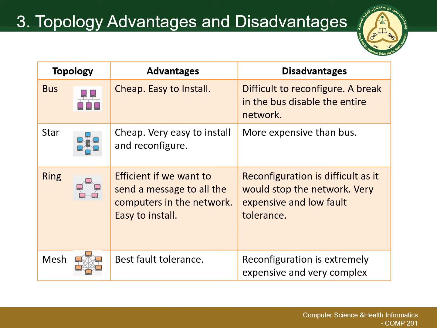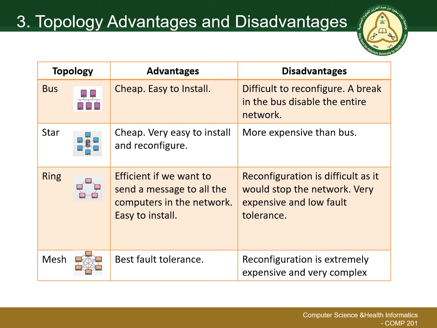The star topology is also cheap, still not expensive, very easy to install and reconfigure. We know that with the bus topology, we need to reconfigure it if we add a new device. With ring topology, it is efficient if you want to send a message to all other computers in the network, and easy to install. It's not hard to install, but hard to reconfigure.